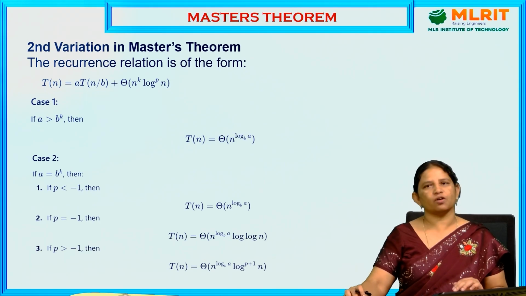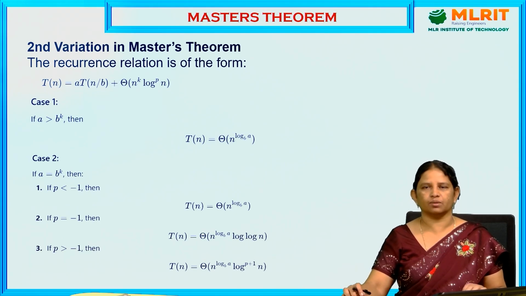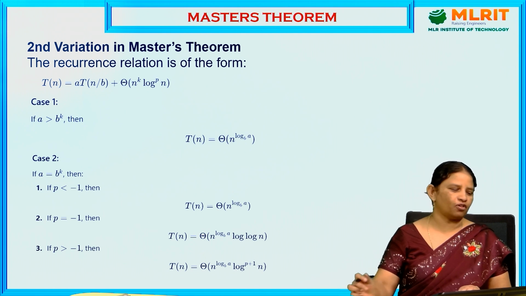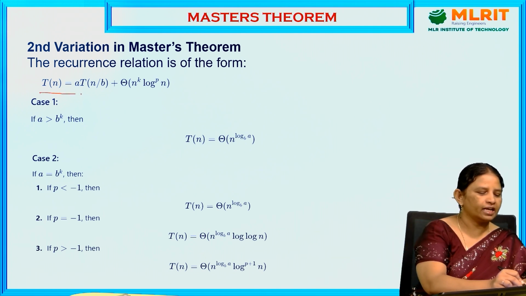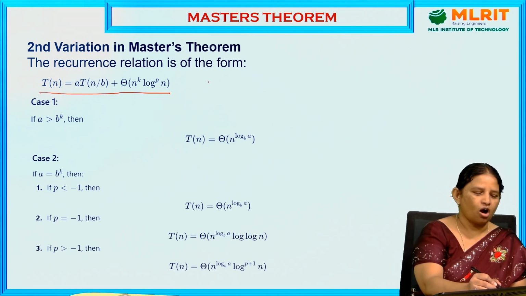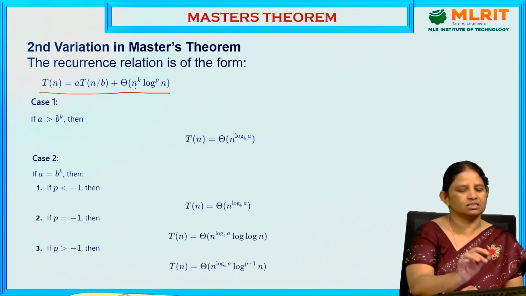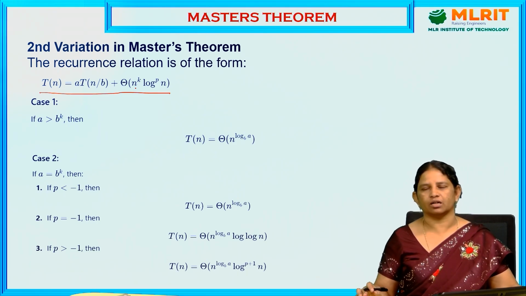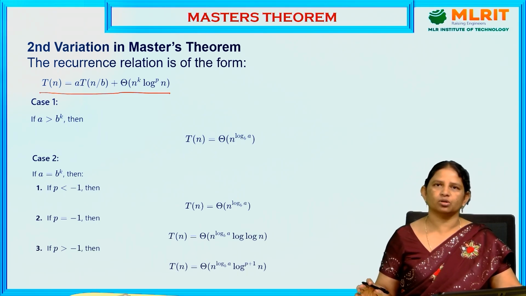So in the case of second variation of Master's theorem, the recurrence relation of the form is T of n equal to AT n by B plus theta of n to the power of k log to the power of p and n. This is the form of recurrence relation. In this second variation also, there are three cases.